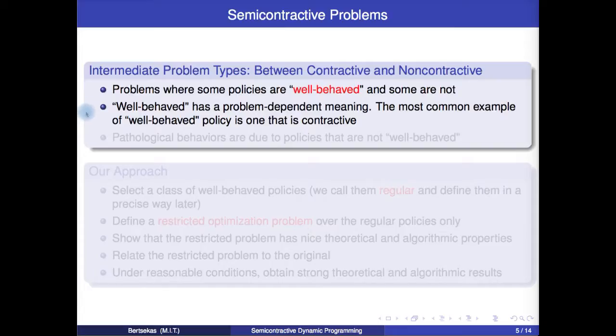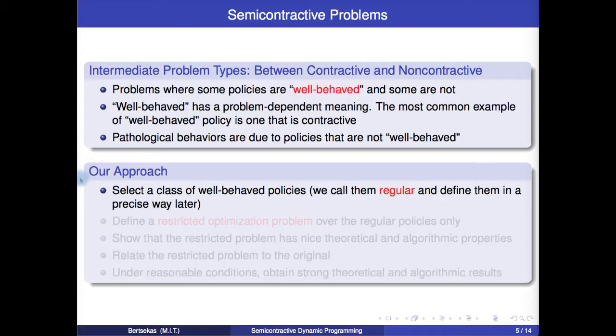The most common example of well behaved policy is one that is contractive, but there are also other examples. Generally speaking, well behaved is related somewhat loosely to a notion of stability. The well-behaved policies keep algorithms like value iteration stable and convergent, whereas the not well-behaved policies do not, and can cause pathological behaviors.